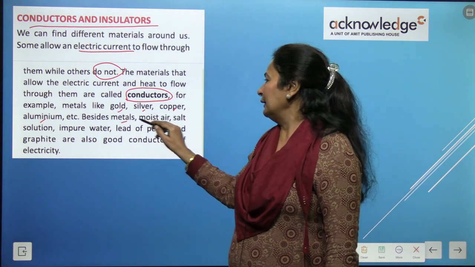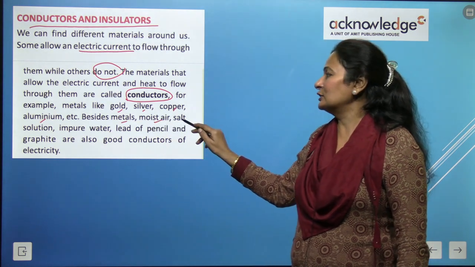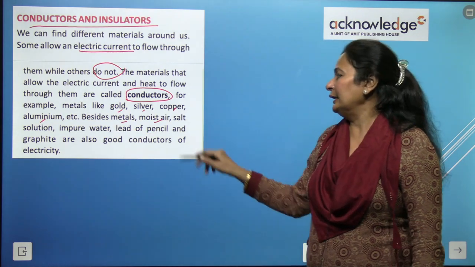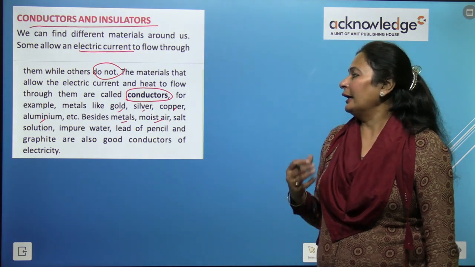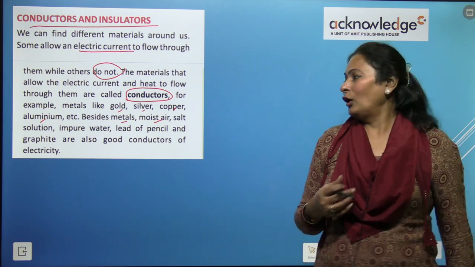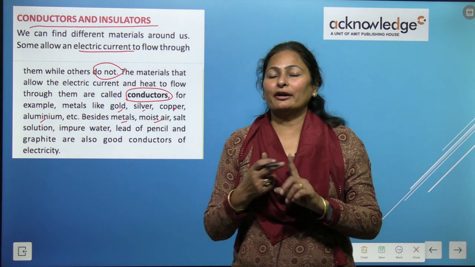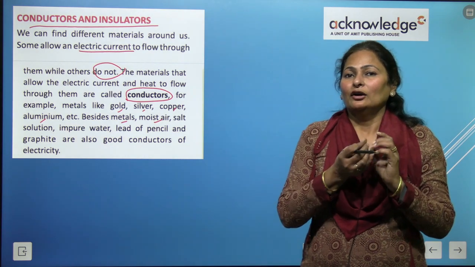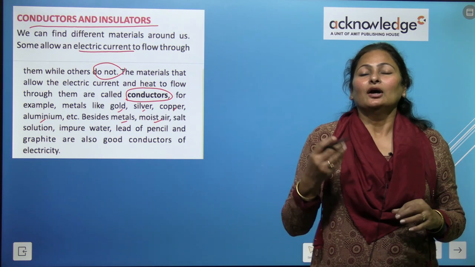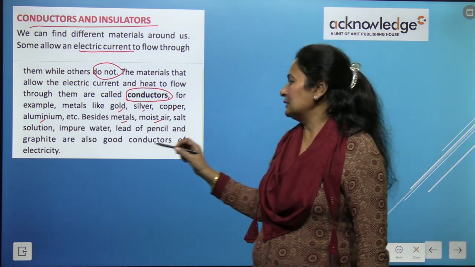Besides metals, moist air, salt solution, impure water, the lead of a pencil and graphite are also conductors of electricity. Graphite, you all know, is the lead of the pencil, and it is a very good conductor of electricity.